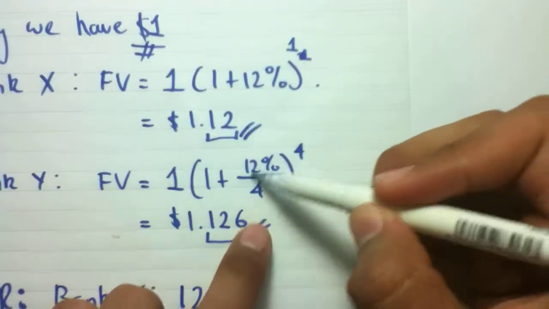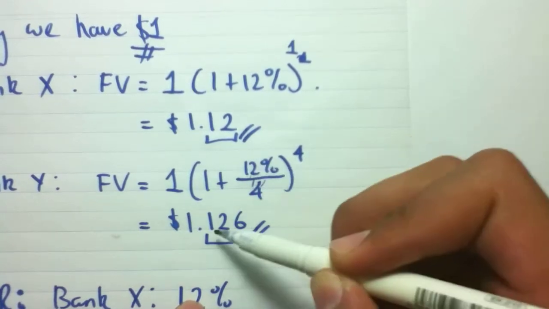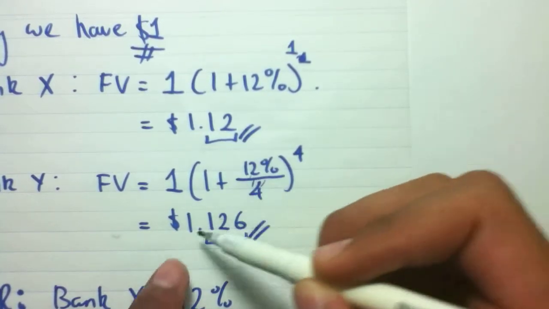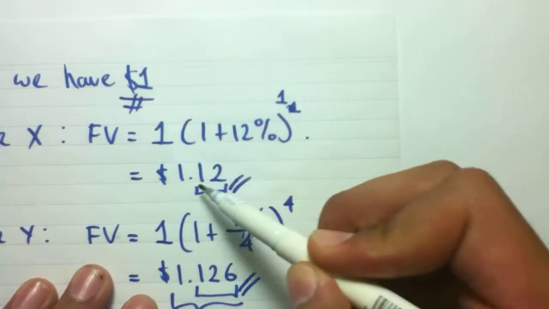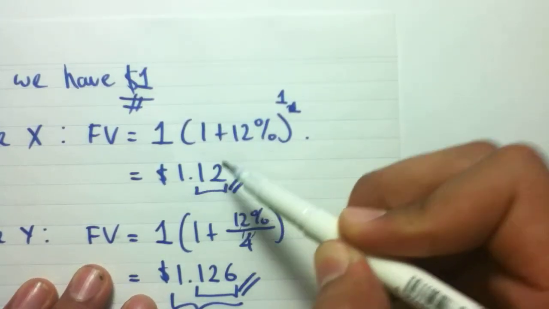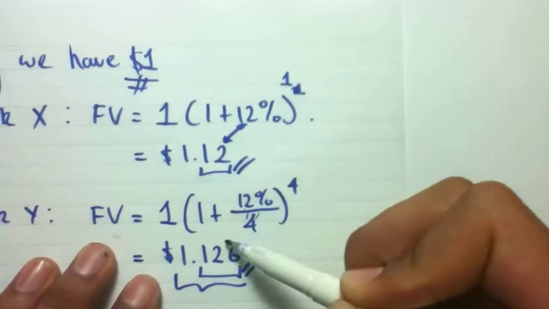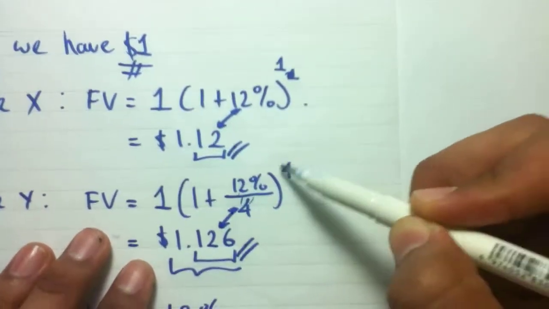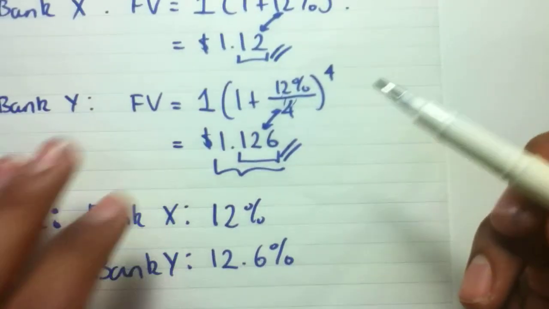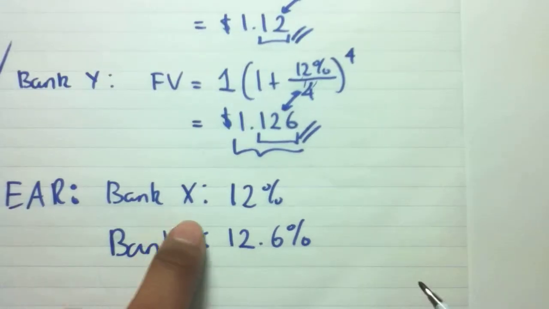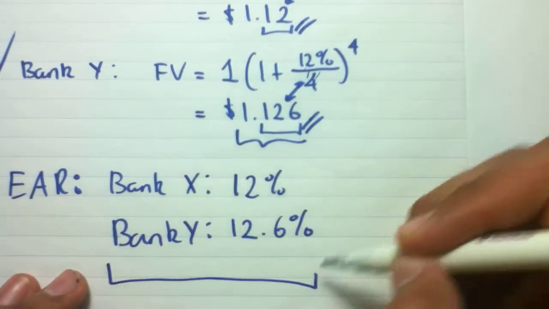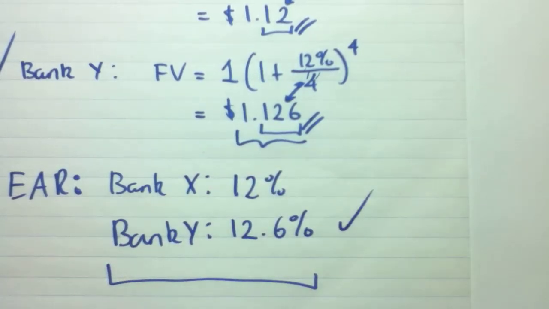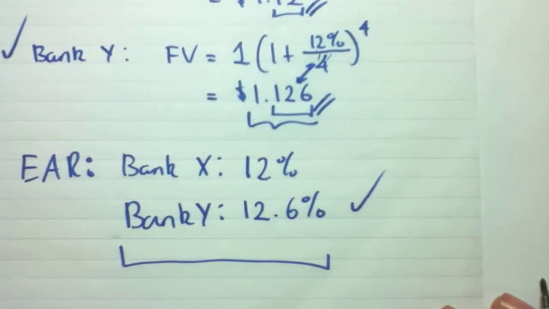Because this guy right here would have to be 12.6% in order to yield this, as this was 12% and that yielded 1.12. There is a direct relationship between these two things, given that this was 1. And so the EAR for Bank X was 12%, the EAR for Bank Y was 12.6%, and this also justifies that Bank Y is the better investment. And that concludes this lesson.